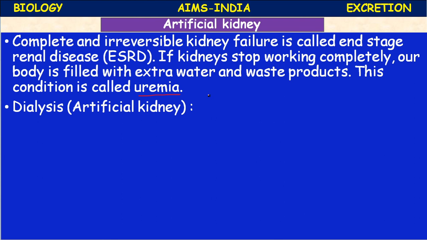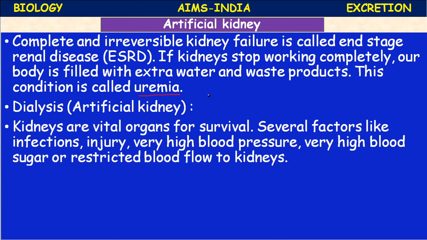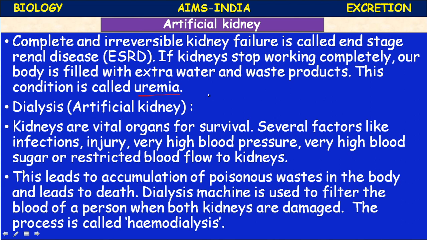Okay. The kidneys are very vital organs for survival. Several factors like infections, injury, very high blood pressure, very high blood sugar, or restricted blood flow to the kidneys, or any blockages which prevent the flow of blood to the kidneys, all lead to accumulation of poisonous wastes, means nitrogenous wastes in the body become toxic, and it may even lead to death.